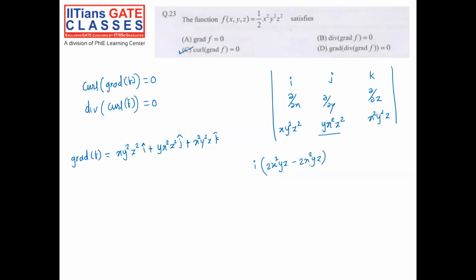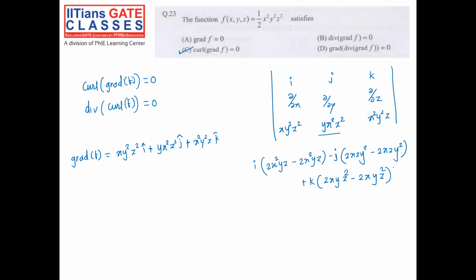Similarly, the next term will be, I'll directly write here, 2xzy square minus 2xzy square, and the last term would be 2xy square z minus 2xy square z. No, it is 2xyz square and 2xyz square.